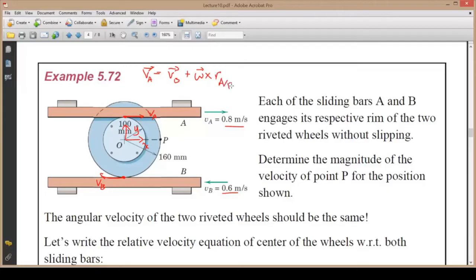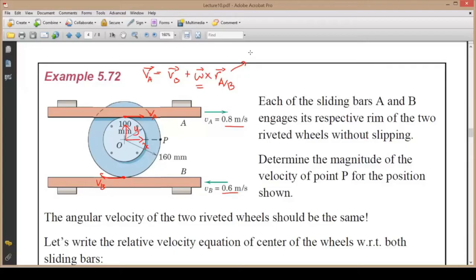I can write out an equation in this way, and from this equation I can directly solve for omega, by the way, because I know the distance between these two. I can write out this RAB vector. RAB would be, in this case, 100 plus 160, 260 millimeters.